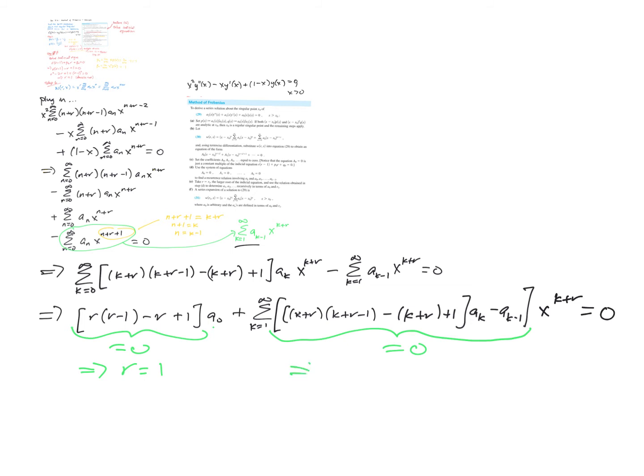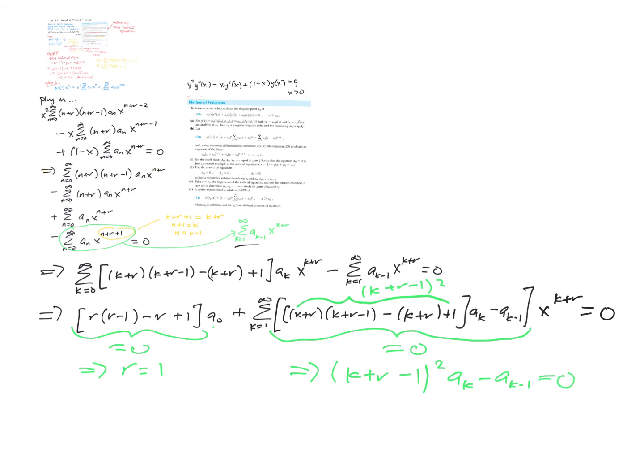And this one gives us, we can simplify this down to, so the stuff in the brackets right here is equivalent to, and you can verify this, k plus r minus 1 squared. So this whole thing gives us the recurrence relation: k plus r minus 1 squared a_k minus a_(k minus 1) equals 0.